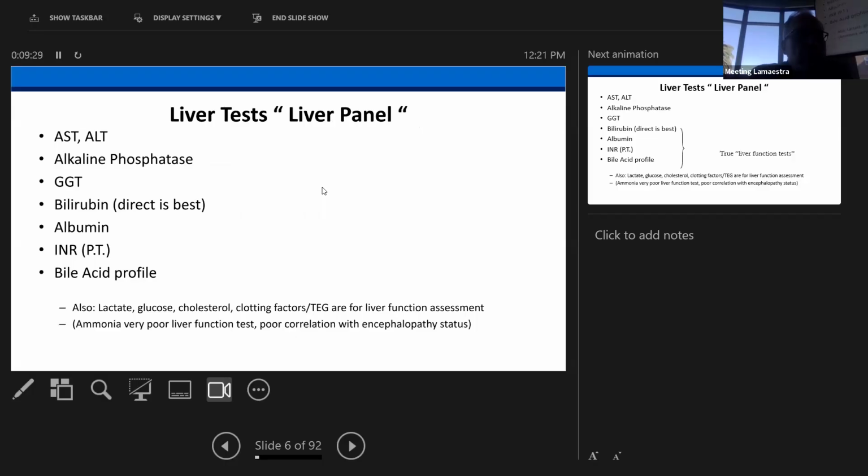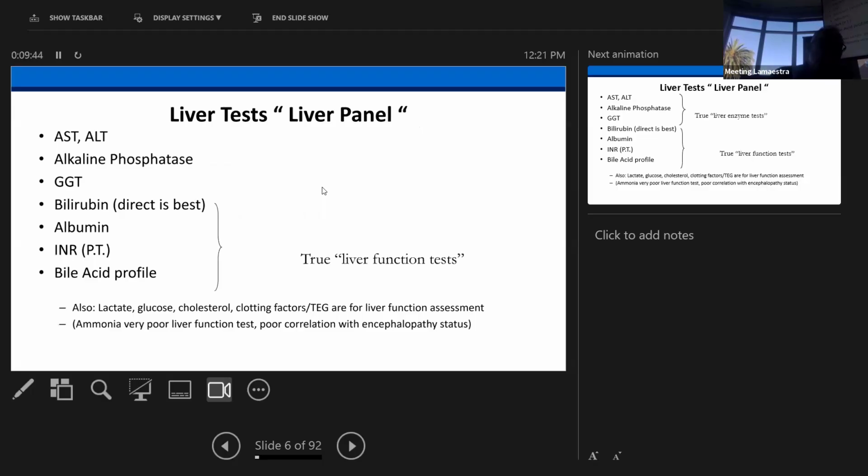Remember, there's a difference between liver enzymes and liver function. We don't use the word LFTs anymore, totally out of date. So you have a liver test, liver panel, liver biochemistries. And in that, you have two sets of 4 pillars. Liver function tests are bilirubin, specifically direct bilirubin, albumin, INR, and bile acid profile.